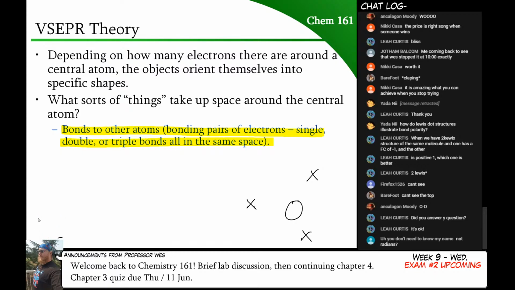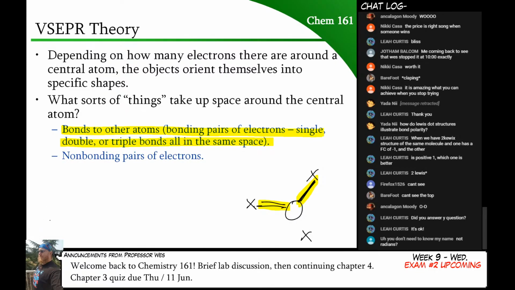Now, if I make a single bond to my atom, or I make a double bond to my atom, it doesn't matter in terms of space. The space that is occupied by this bond is roughly the same, whether it's single or double. So we're just going to say, okay, whether it's single bond, double bond, or triple bond, or whatever, we're going to call that a region of electron density.